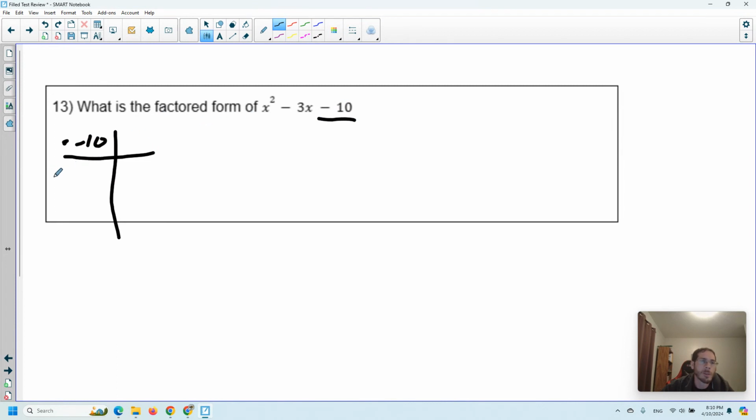If we think of some ways to multiply to negative 10, I'm just going to guess 1 and negative 10. If I add those up, I get negative 9, but I want to get to negative 3, so that's not right. All right, that's okay. I'll just try again. Then I'll try 2, because 2 is the next biggest number than 1. So 2 and negative 5, so 2 plus negative 5 is negative 3.